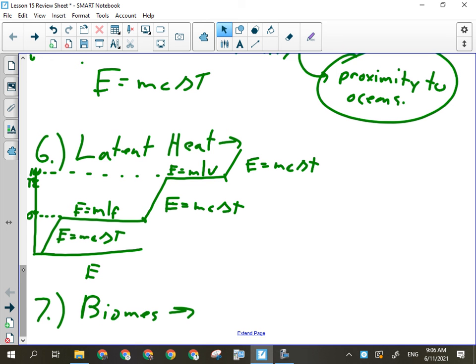And question 4 is the prevailing winds patterns question. Okay, question number 5 is the satellite picture question.